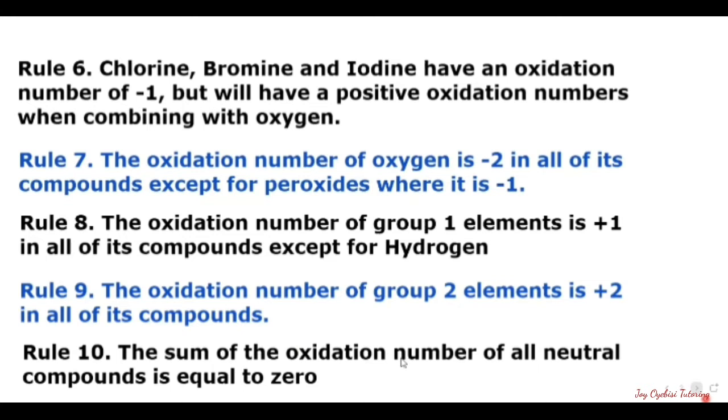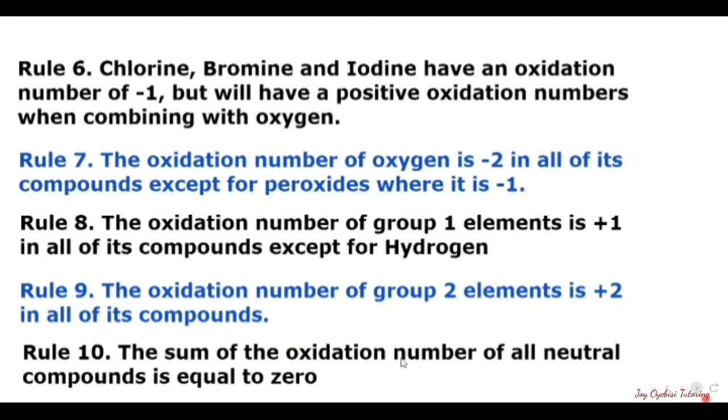Rule 7, the oxidation number of oxygen is -2 in all of its compounds except for peroxides, where it is -1.